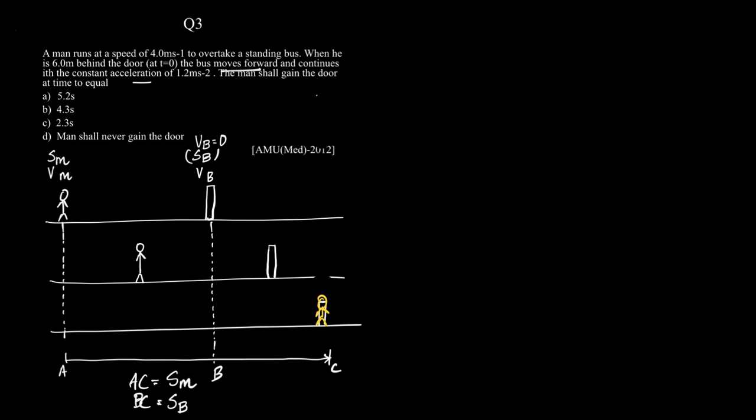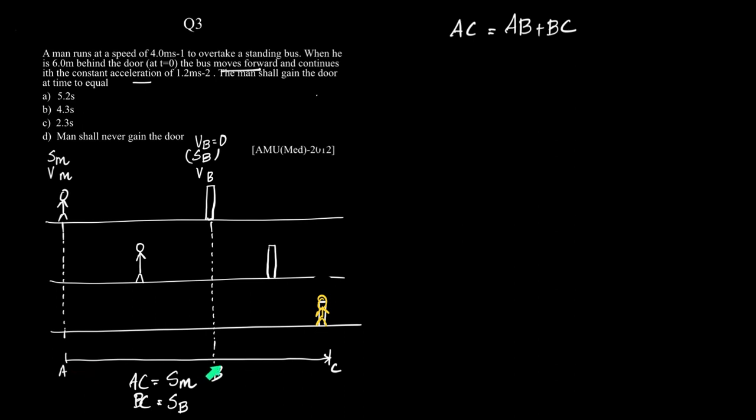All right. Now let's see. AC, we should understand from the figure, is nothing but AB plus BC. Now what is AB?